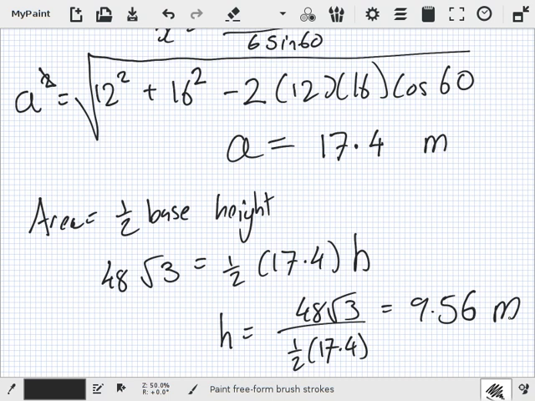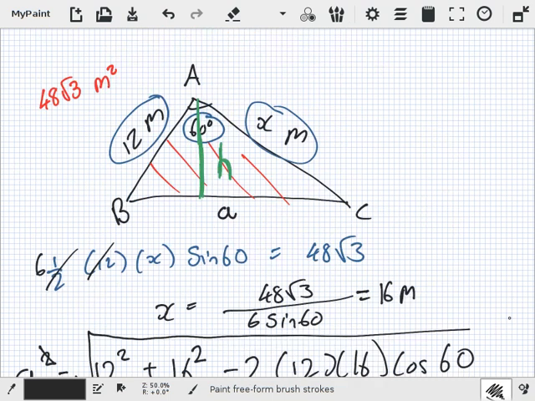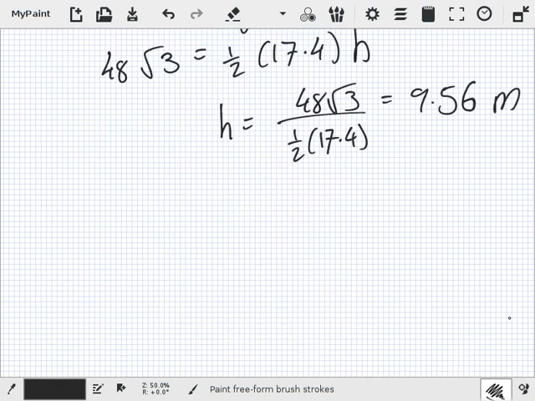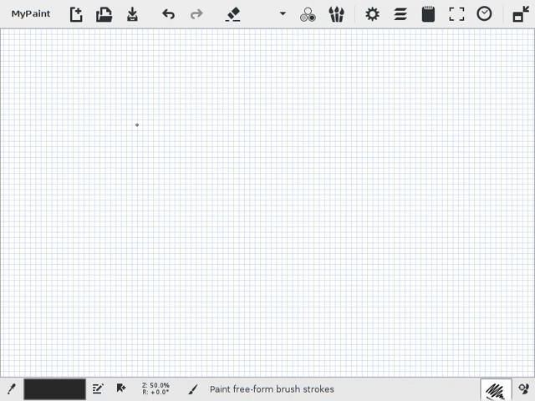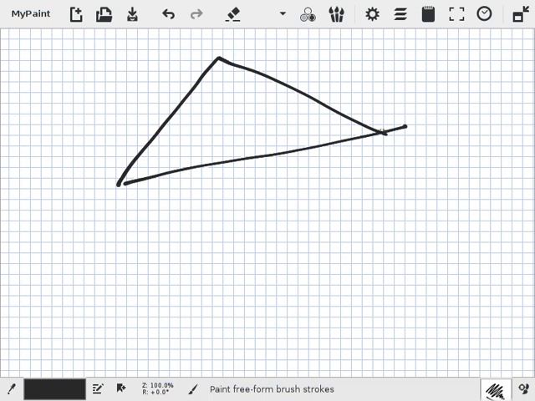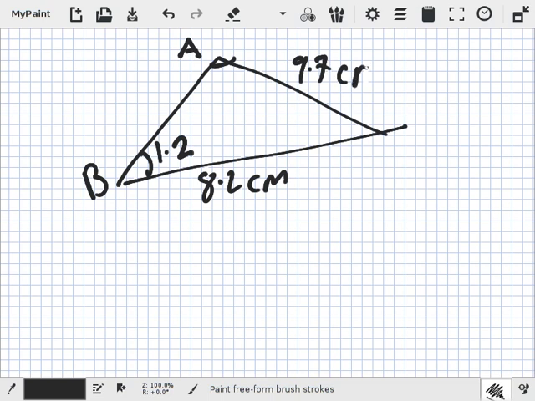Okay. No questions with this? Have you seen the cosine rule before? Is it understandable here? You get what I mean when I say it's like Pythagoras? Yeah. Okay, let's have a look at the next one. A, B, that's 1.2. That's 8.2 centimeters. 9.7 centimeters.